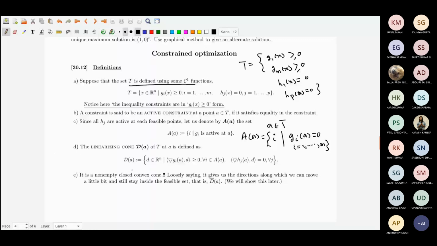And the linearizing cone, D(A), this is script D(A), okay, not the simple capital D. It is script D(A). What is this?